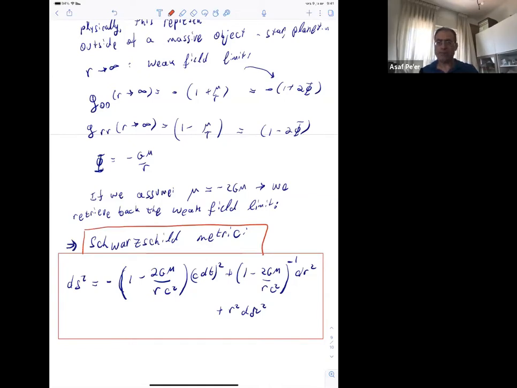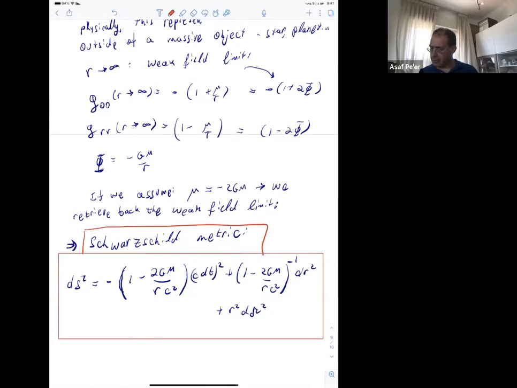Of course, we are interpreting this parameter M as the Newtonian mass because of the weak field limit. We know that when we're very far away, we retrieve the Newtonian mass.